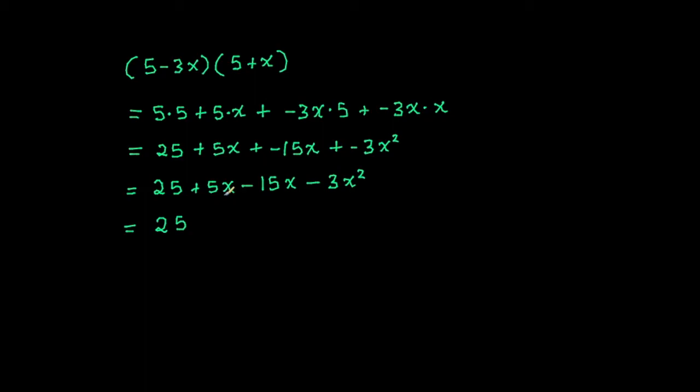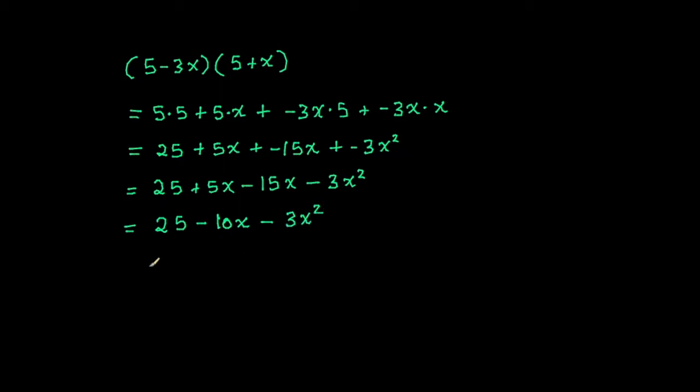Okay, let's say x is degrees Celsius. So 5 degrees Celsius minus 15 degrees Celsius is just minus 10 degrees Celsius. And then minus 3x squared. And that's it. We're done.